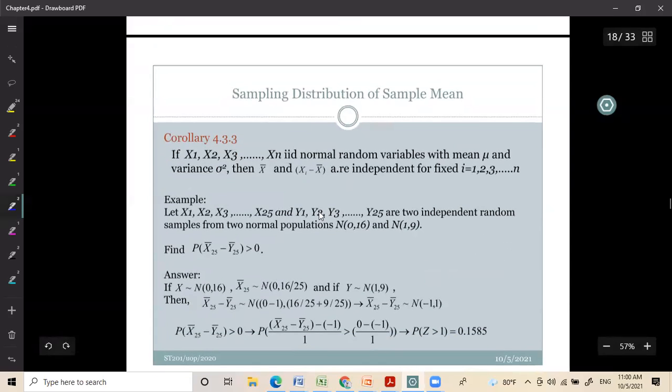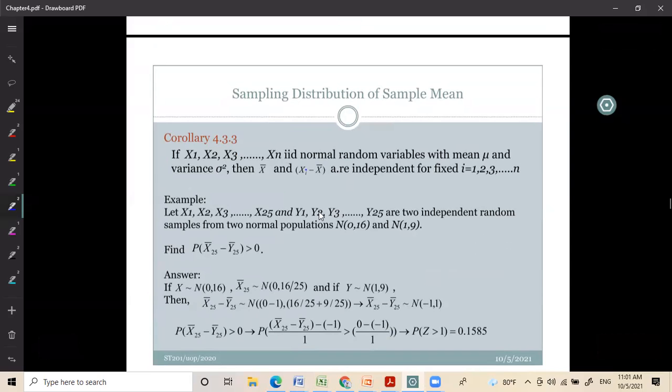Now here's another one. If you have X1, X2 up to Xn, IID normal random variables with mean mu and variance sigma square, then X bar, that is the sample mean, and Xi minus X bar, what is this? These are the deviations of each and every Xi from X bar. They are independent for i going from 1 to n.